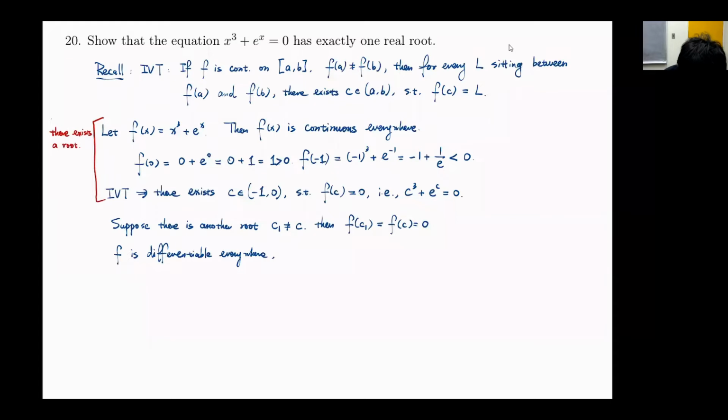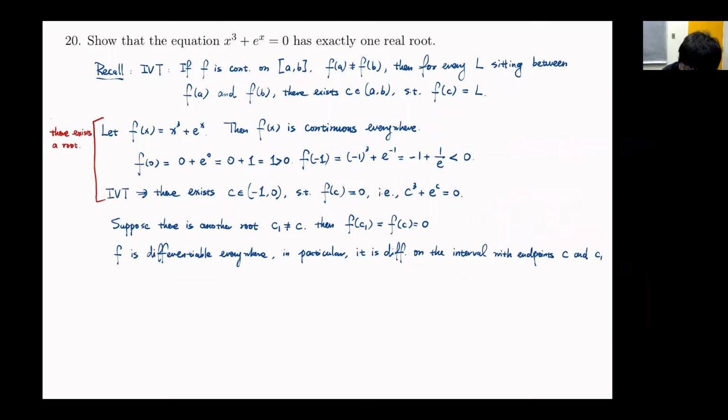So in particular, it is differentiable on the interval with endpoints C and C1.